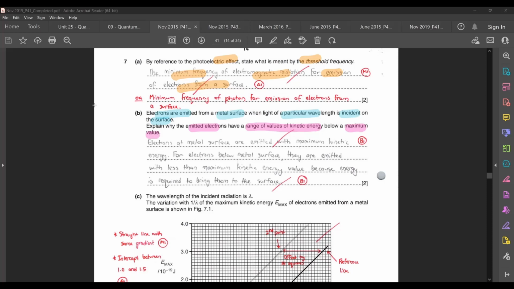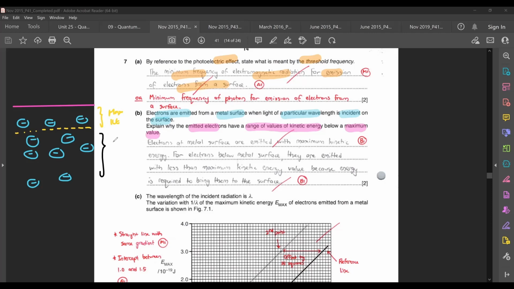So this one was also kind of explained to you just now already. If you consider a metal surface right now where you have many electrons below that surface, like the ones you're having right over here, it is only the electrons near the surface that have max KE, whereas the electrons deeper below the metal surface would have less than max KE.